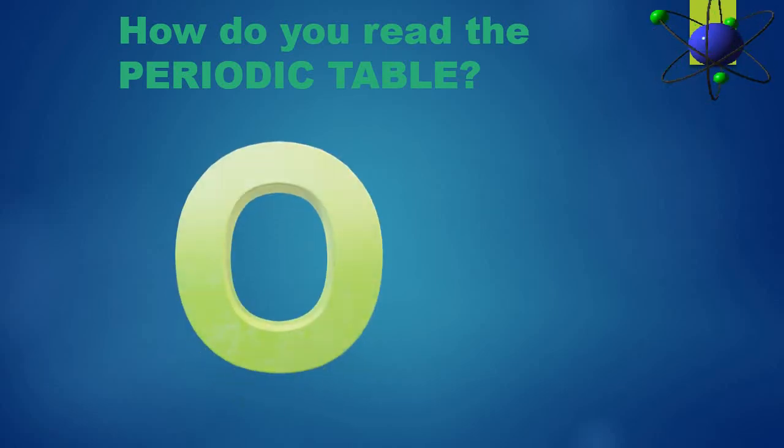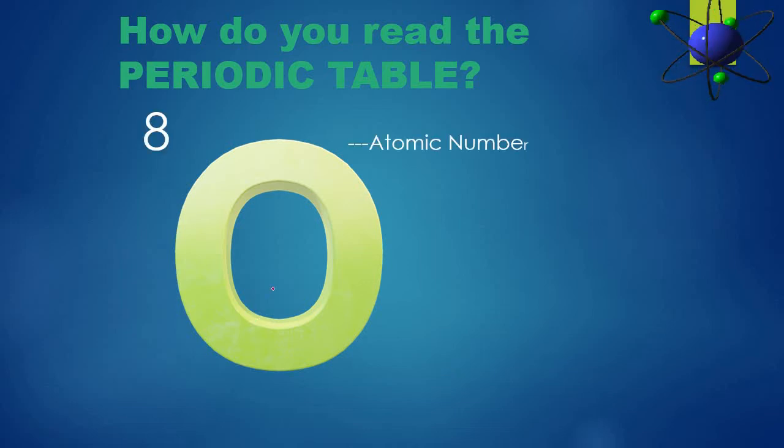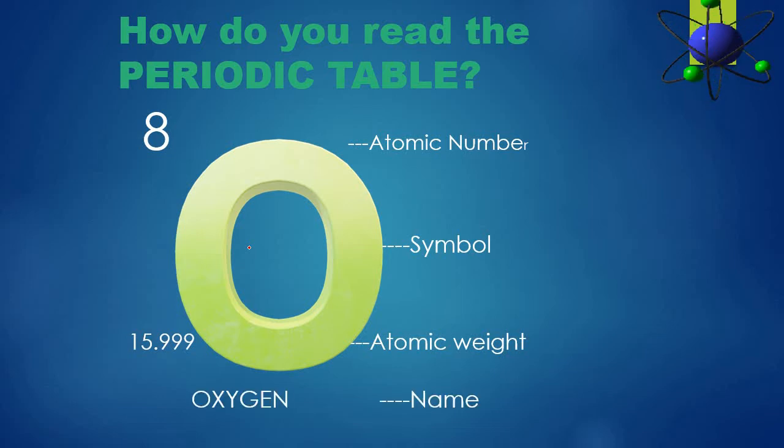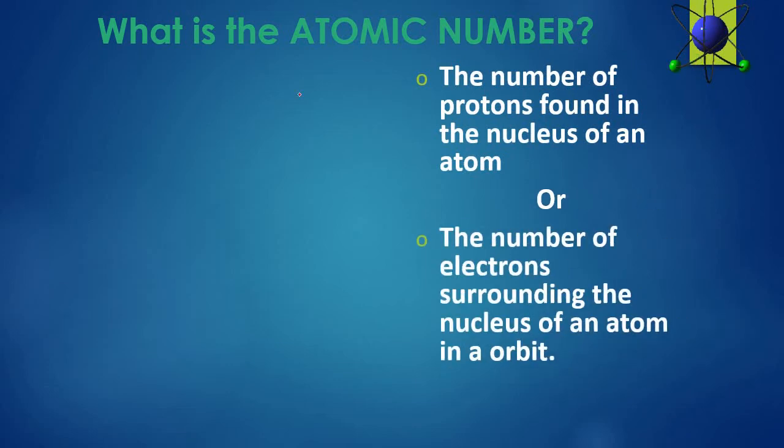So students and friends, now we see how to read the periodic table or any element. Here the symbol is O, the atomic number is 8, the atomic weight is 15.999, and the name of the corresponding element is oxygen. So students, what is atomic number?